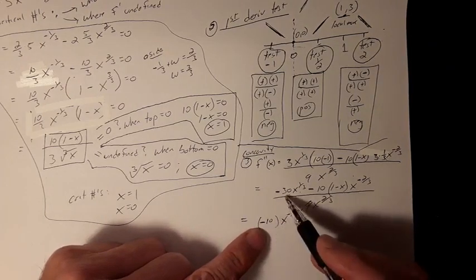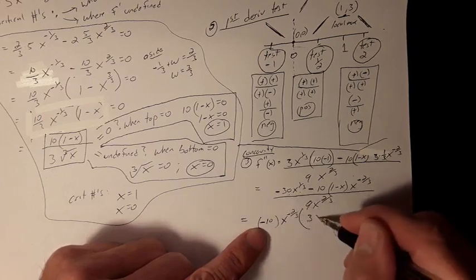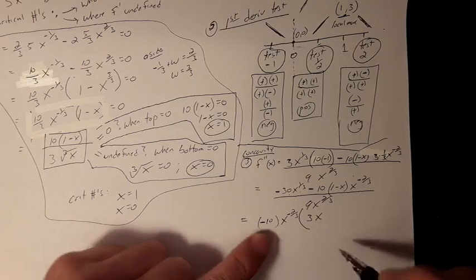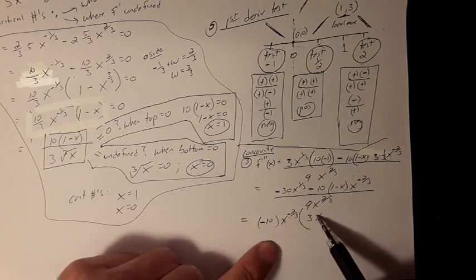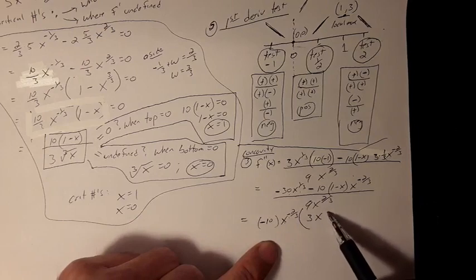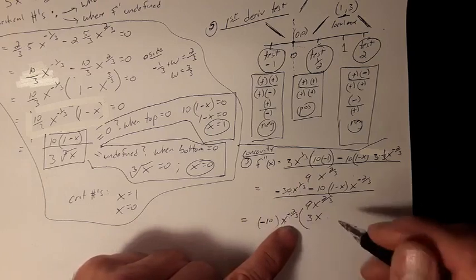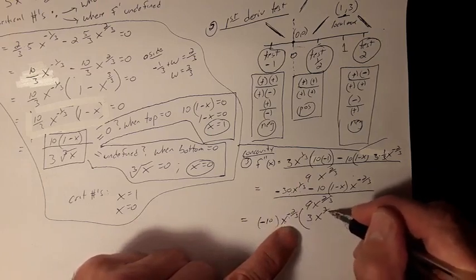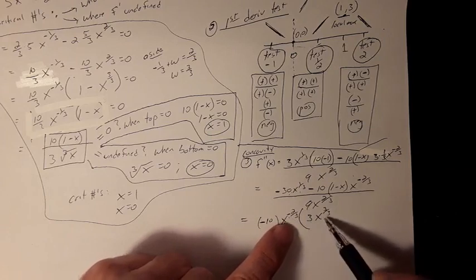Well, the negative 10 is going to multiply by a 3, and I need some power on an x, so that when this x to the negative 2/3 multiplies this x to some unknown exponent so far, when I add those exponents, I'm going to get 1/3. See how this exponent wants to be a 3/3? Because when I multiply these powers of x, the exponents are going to add.